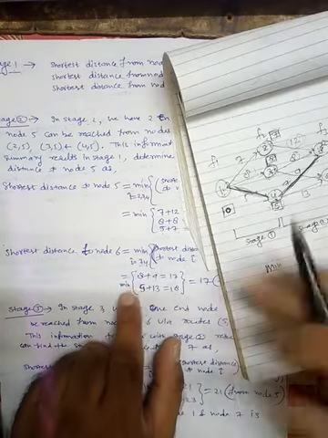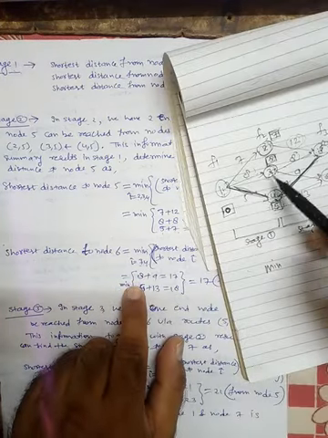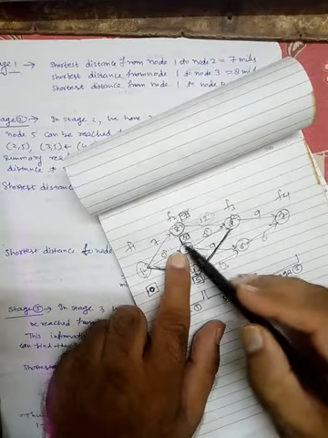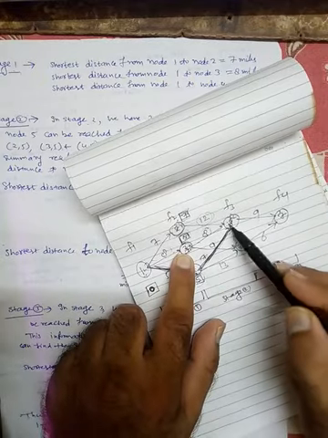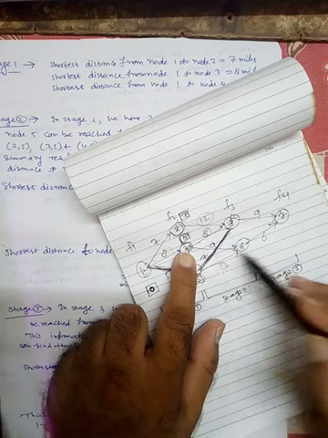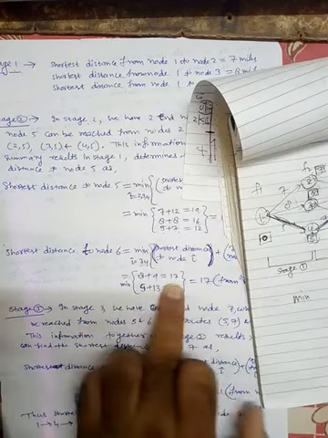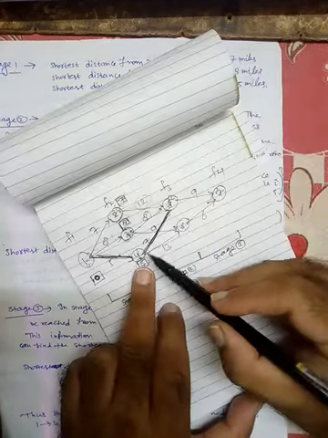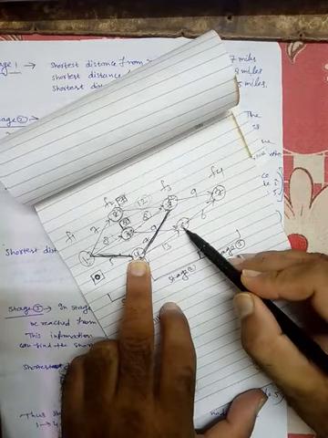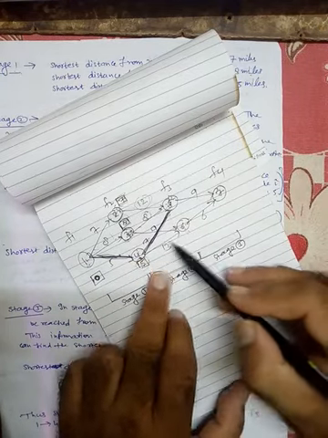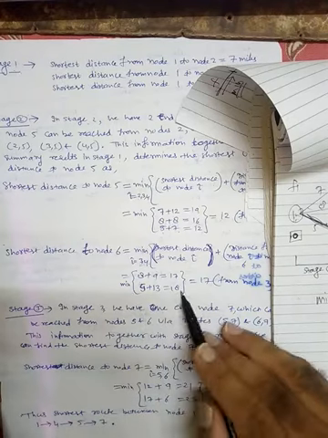If you are selecting from 3, here it is 8, and the distance from 3 to 6 is 9. So 8 plus 9 is 17. Now the distance from 4 to 6 is 5 plus 13. So 5 plus 13 is 18.